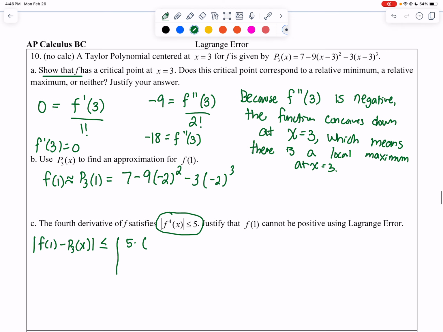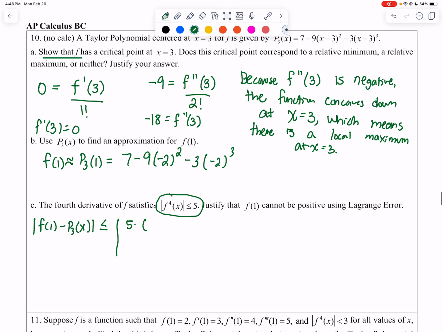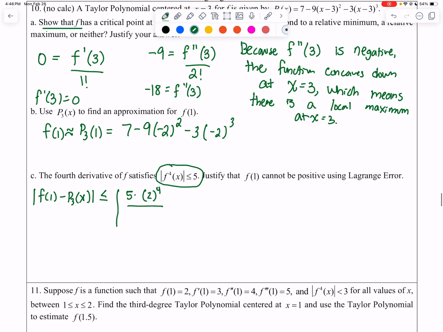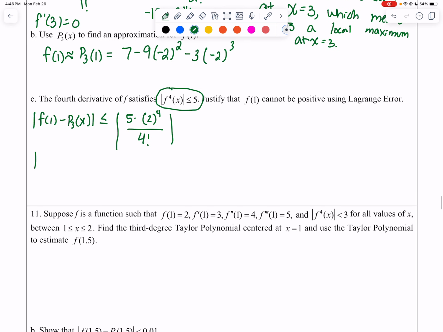My center is at 3, so that's going to be 3 minus 1, which is going to give me 2. And then I have 4 factorial. All right, so we know that 4 factorial is going to be 24, and then 2 to the 4th is going to be 16.